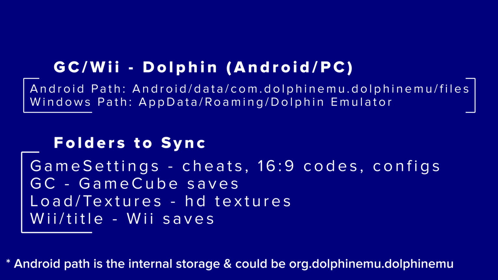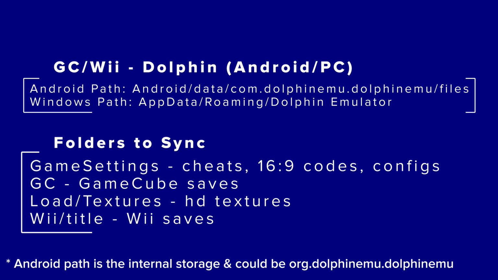Now for Dolphin on Android, all of the data is located on the internal storage, Android, data, com.dolphinmu.dolphinmu, I think sometimes it's org.dolphinmu, and the GC folder has the GameCube saves, while the Wii title folder has the Wii saves. There's a title folder inside of Wii, that's the one you'd want to sync.